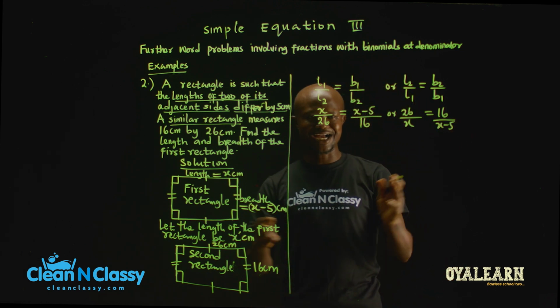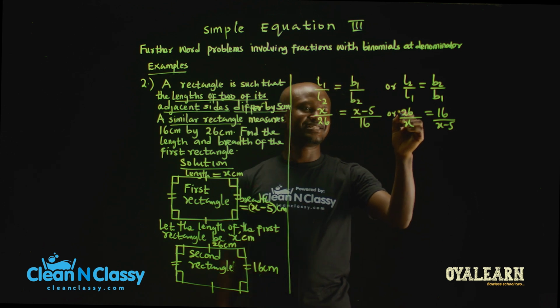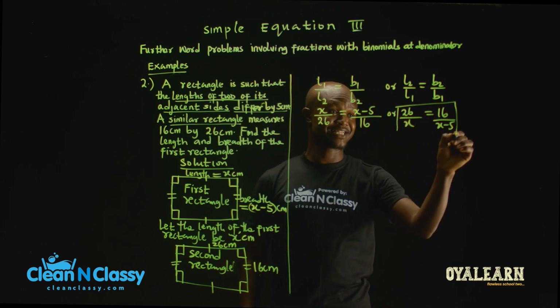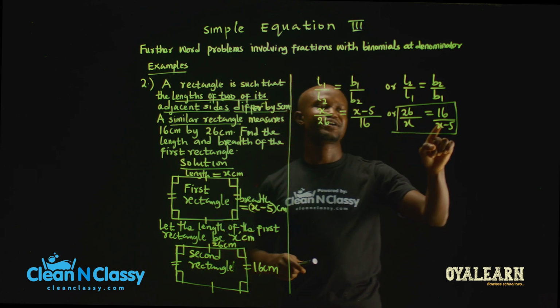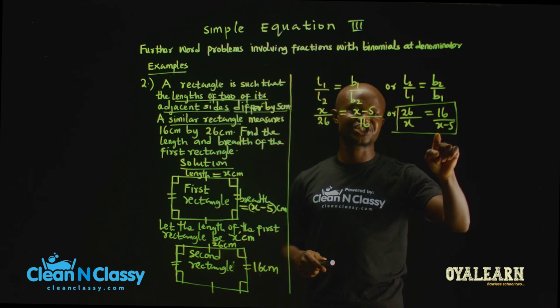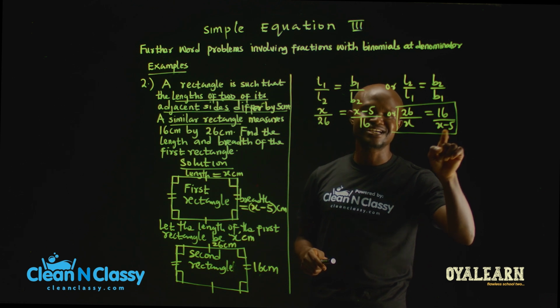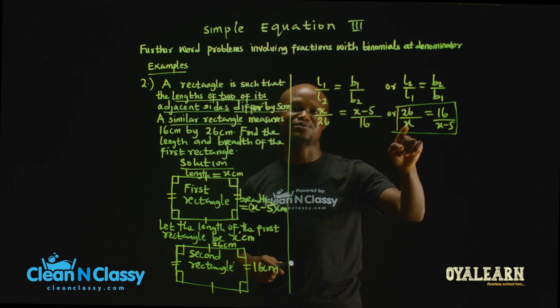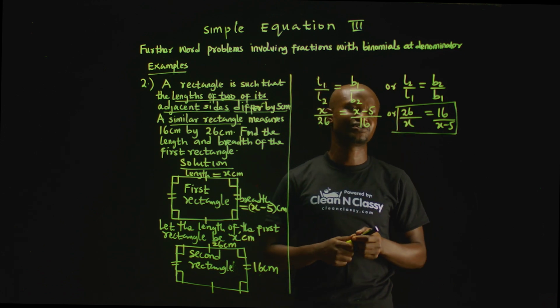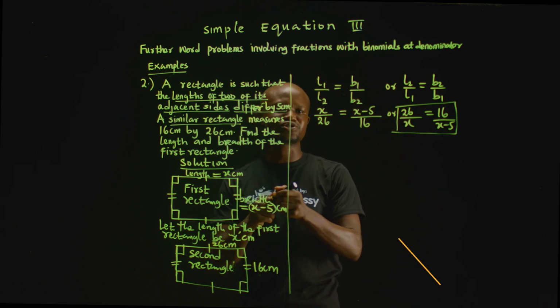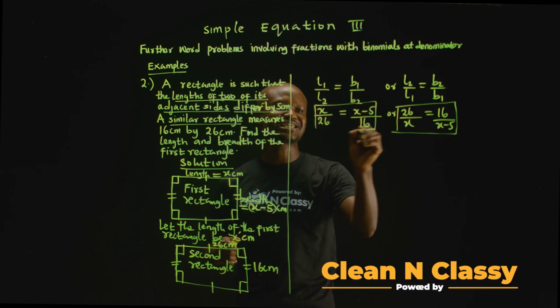We can see this second equation has a binomial expression at the denominator on the right, while the other has the unknowns in an odd form. We can use either of these two equations to get our result.